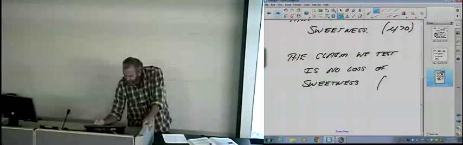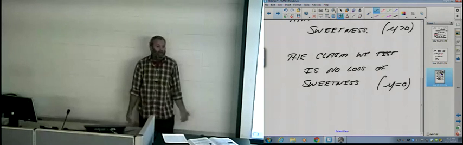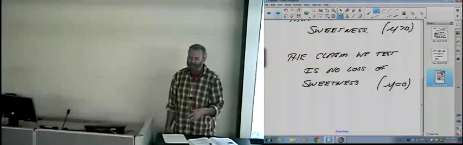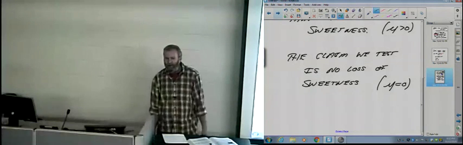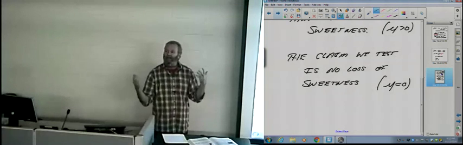That means if there's no loss of sweetness, it tasted the same. It never changed after storage. If you scored it a 6, you would have scored it a 6. If you scored it a 3, you would have scored it a 3. That is mu is equal to 0, right? People would have scored it the same.